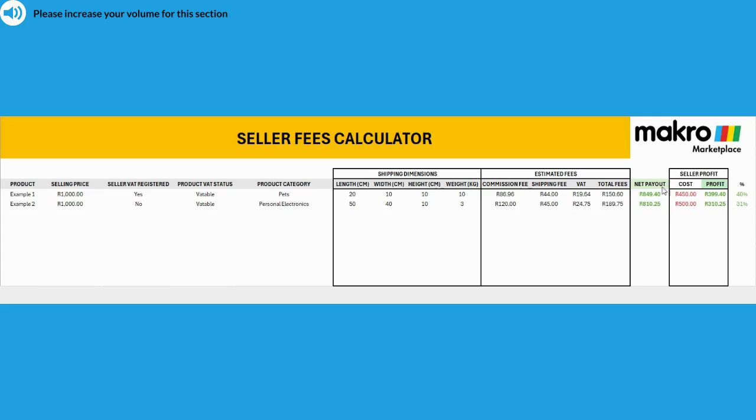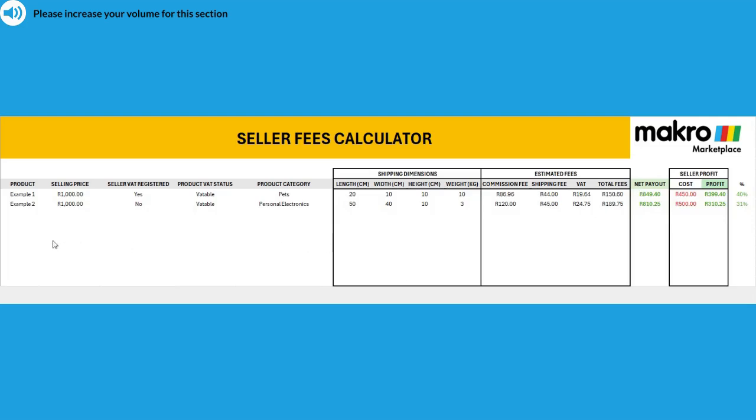Also, just to mention that the net payout is the amount that will be coming to you. So after every successful delivery, you will receive an invoice and a remittance, which is a breakdown of how much is going to be charged and how much you are going to be paid out.